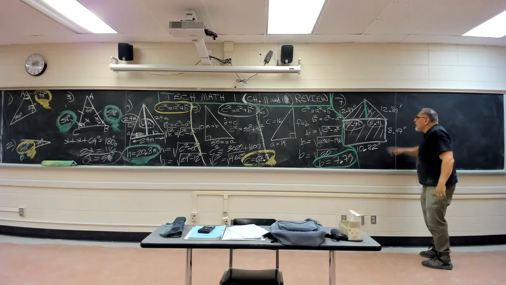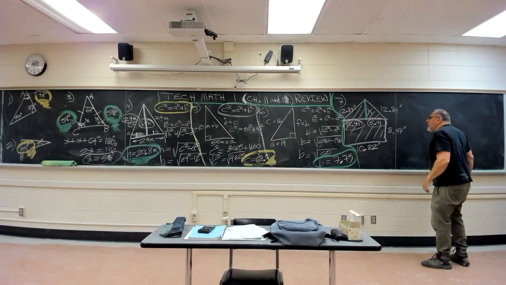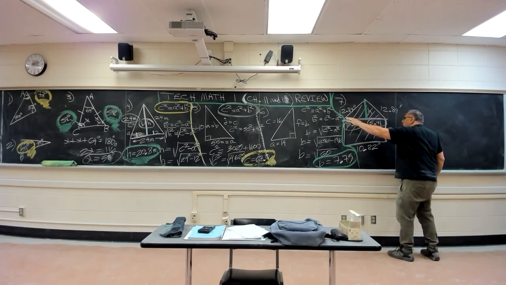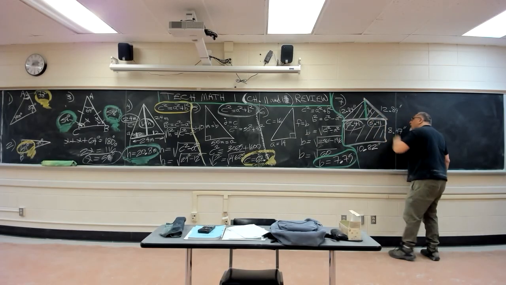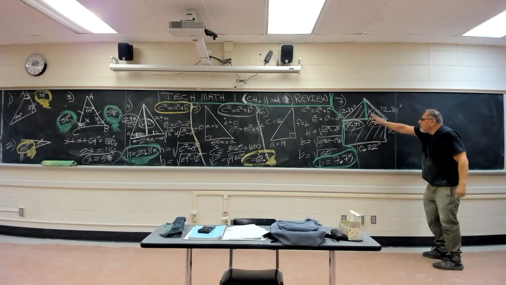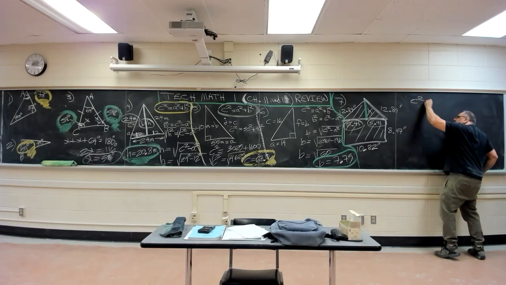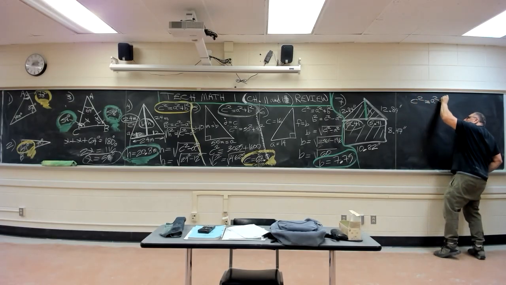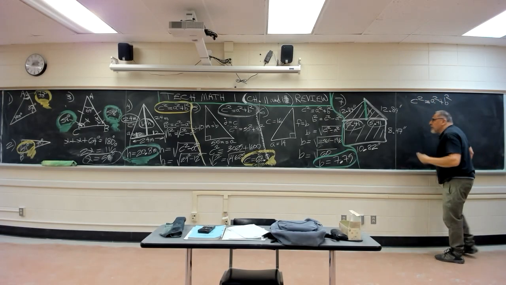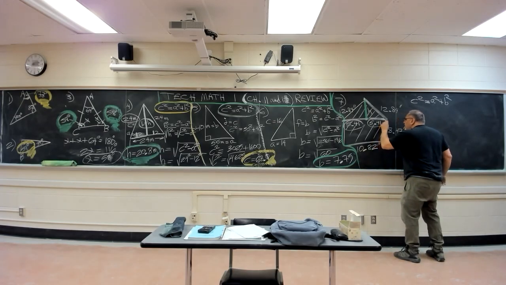Find out what h is. Well, this is an isosceles triangle. Don't have to worry about that quite as much. If I got 10.54 right here, and if I got 12.84 right here, finding h is basically, we remember that c squared equals a squared plus b squared. Let's call this a.